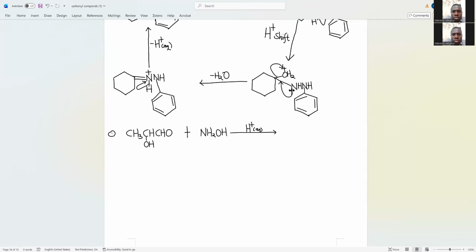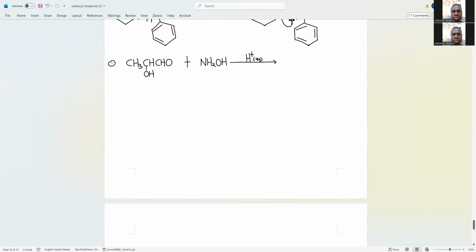The pathway does not differ much from the pathways which we have seen. They are the same reaction mechanisms, reaction pathways. They do not change a lot.